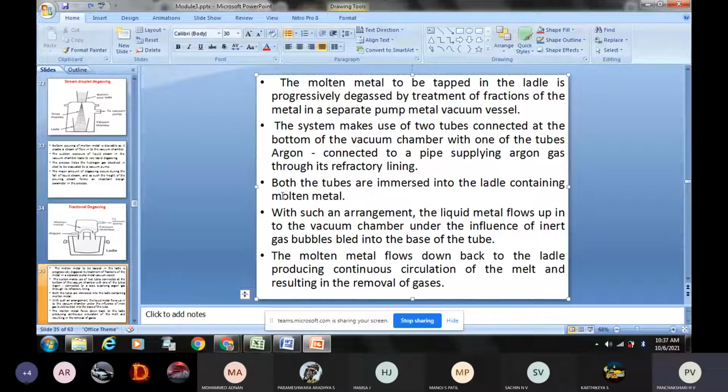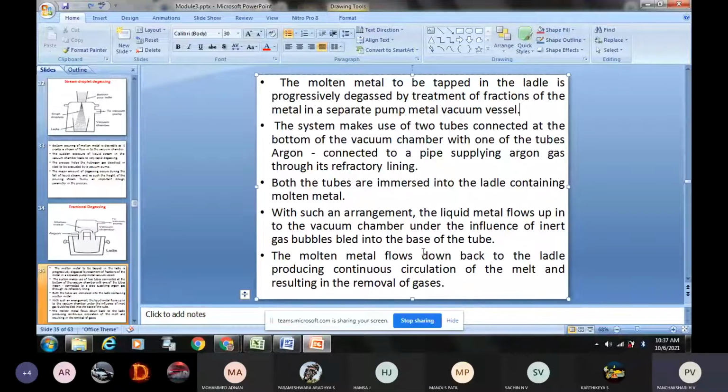In such an arrangement, the liquid metal flows up into the vacuum chamber under the influence of inert gas bubbles. Inert gas bubbles blow into the base of the tube. The molten metal flows down back to the ladle, producing continuous circulation of the melt, nothing but liquid metal, and resulting in the removal of gases.